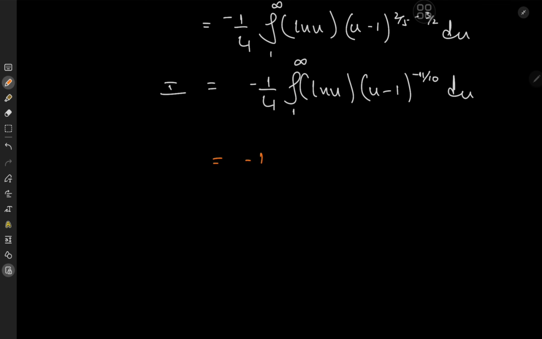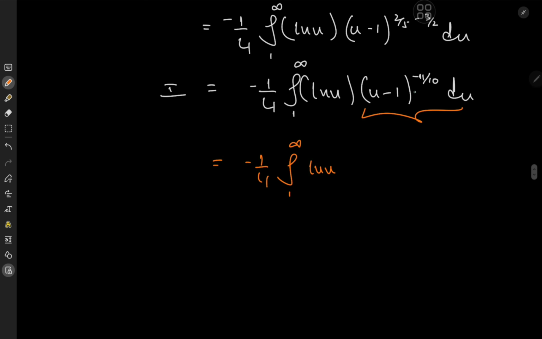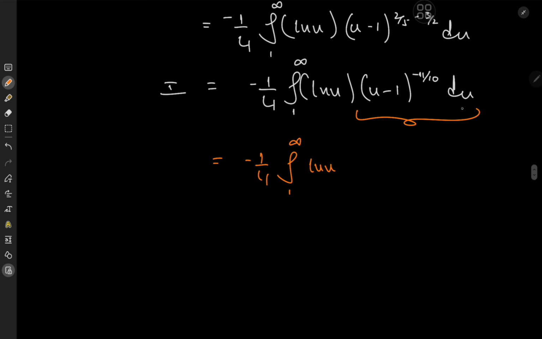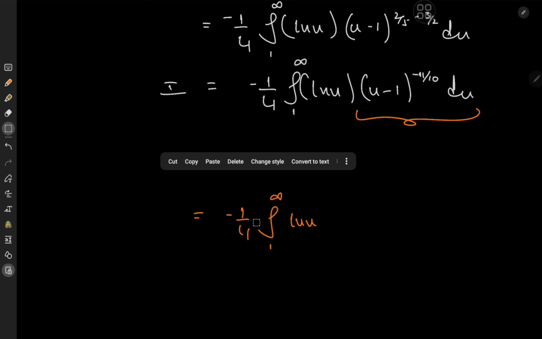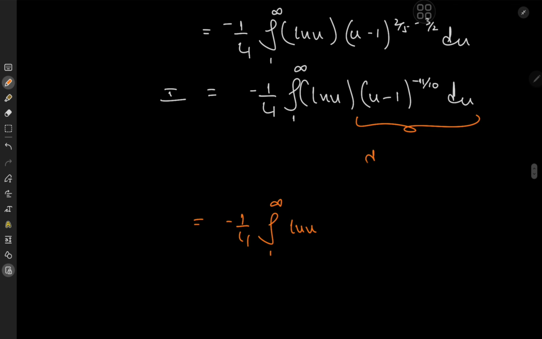So we have -1/4 integral 1 to infinity log u, and this thing over here can be expressed as the differential of, let's see, we got u minus 1.